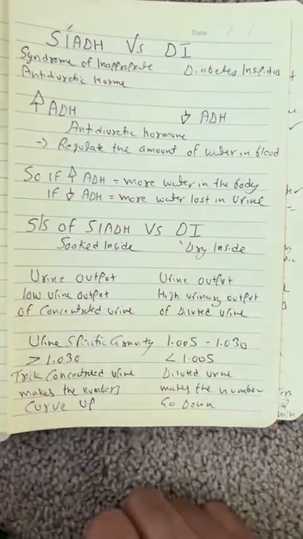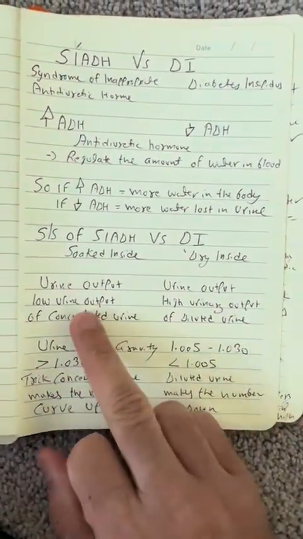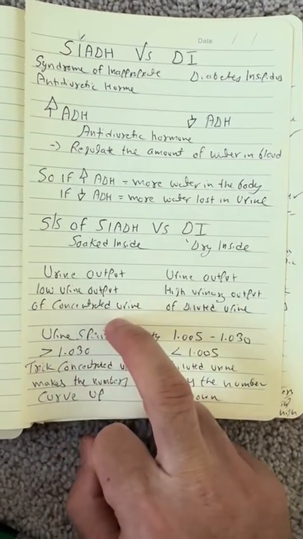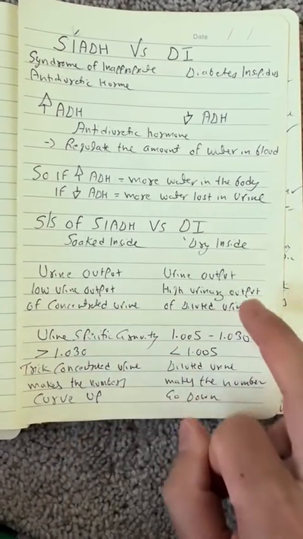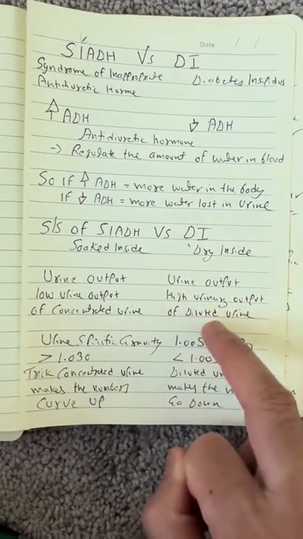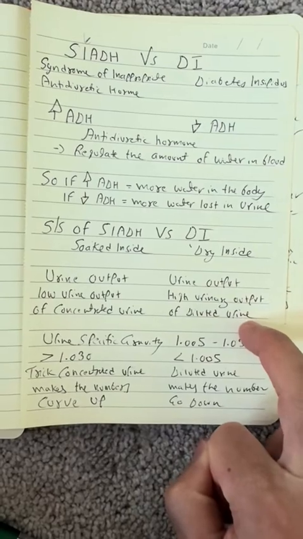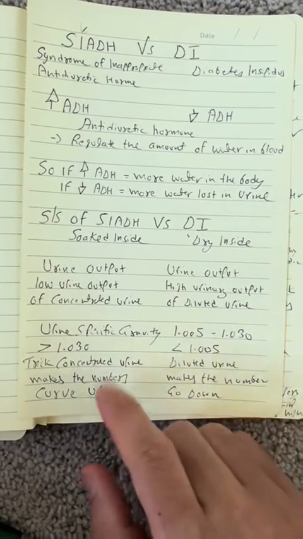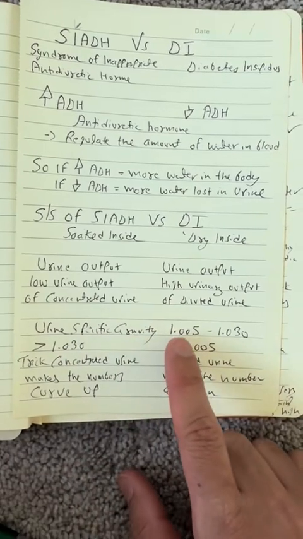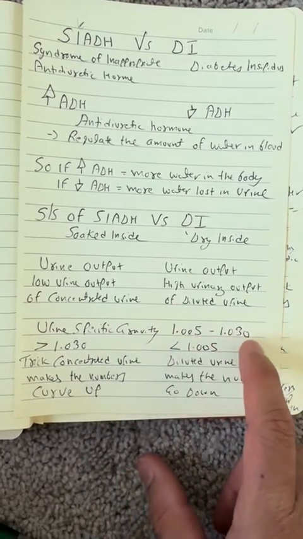So let's discuss what happens to urine output. You will have low urine output of concentrated urine. On the other side, in diabetes insipidus, you will have high urinary output of diluted urine. So for urine specific gravity, normal is 1.005 to 1.030.